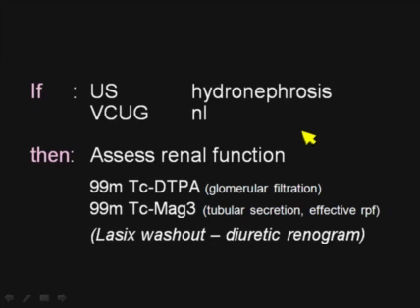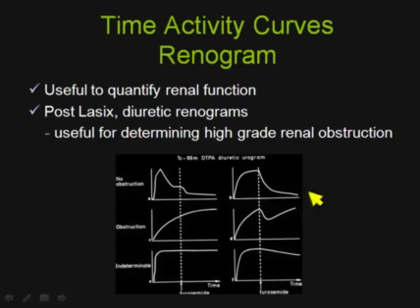Now, if the ultrasound shows hydronephrosis, but the VCUG is normal, then the renal function has to be assessed. And in this situation, nuclear renal scans are indicated, and Lasix washout is assessed in the form of a diuretic renogram. And this is helpful in quantifying renal function.